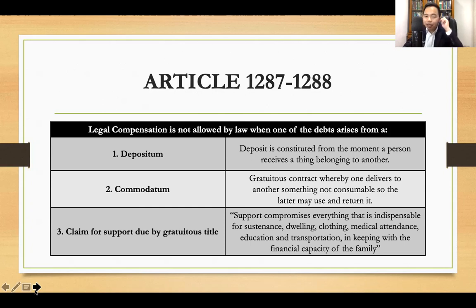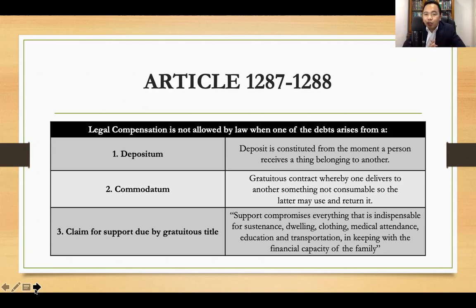Pwede bang sabihin ng creditor mo na, oh sige, wag mo na akong bayaran. O kaya, total, ayaw mo naman akong bayaran, hindi ko na ibabalik sa iyo ito, itong dineposit mo. Ha? Akin na lang ito. Apply ko na lang to sa property, sa utang mo. Now, question, can there be legal compensation? The law says no. There can be no legal compensation in case of contract of depositum.